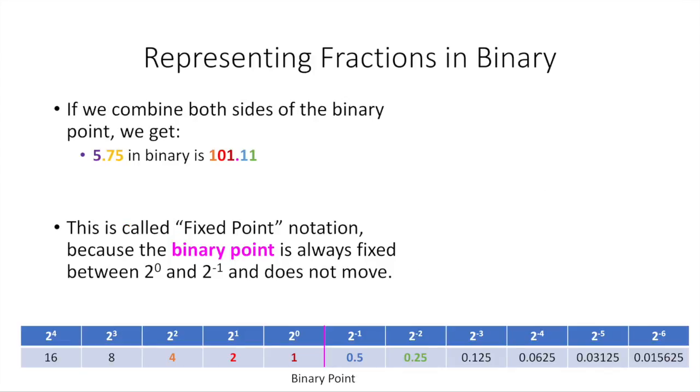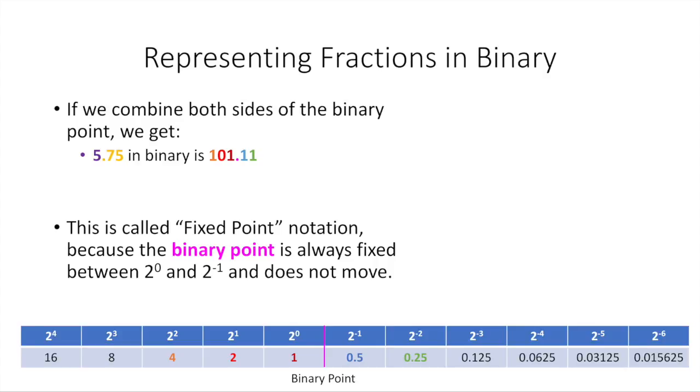Now, if we combine both sides that we had for 5 and 0.75, we get in binary 101, that's 5, and 0.11 for the 0.75. This is called fixed point notation, because the binary point is always fixed between 2 power 0 and 2 power negative 1. Look at the table below, the little purple line here.